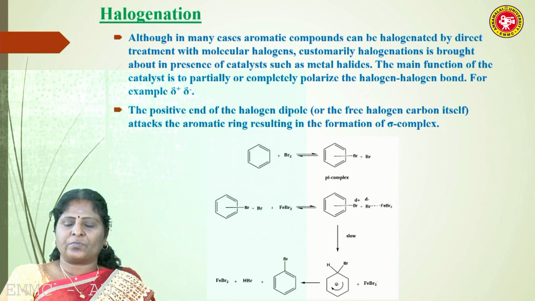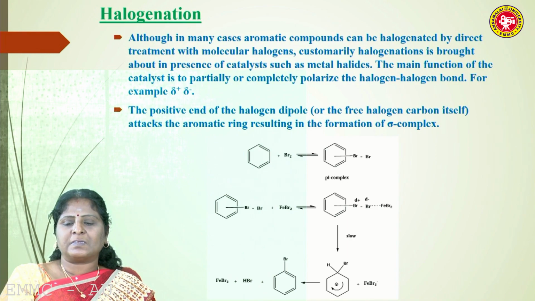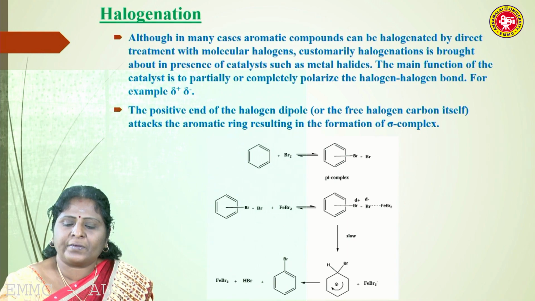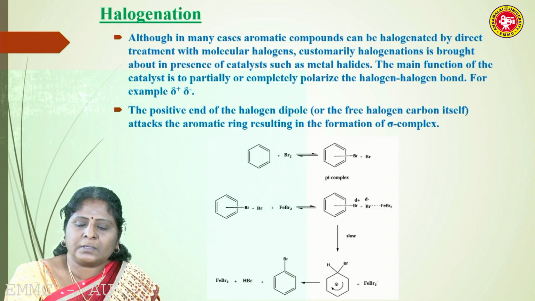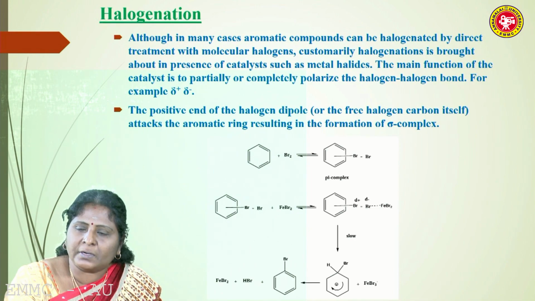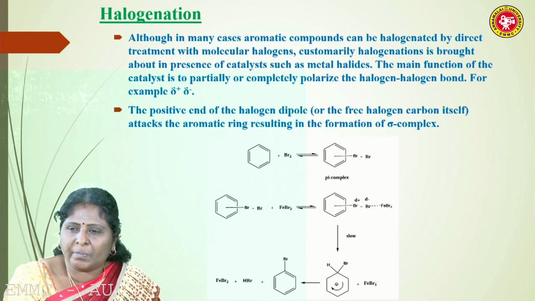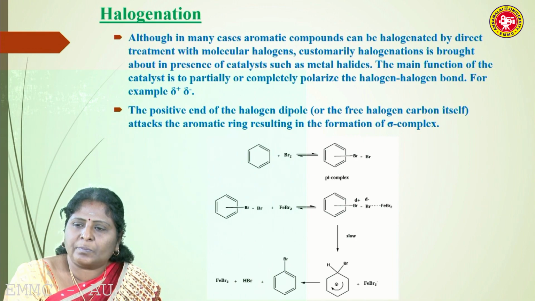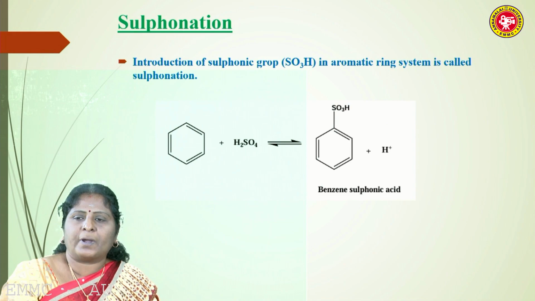Then it forms a sigma complex. If it forms a bond with the pi sextet, it becomes a pi complex. Afterwards, by means of resonance, since the electrophile is the positive end of the dipole, the pi complex is the most favorable pathway. Then it loses the proton and forms the expected bromobenzene as the final product.